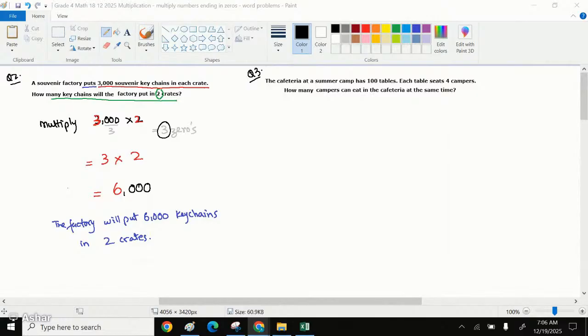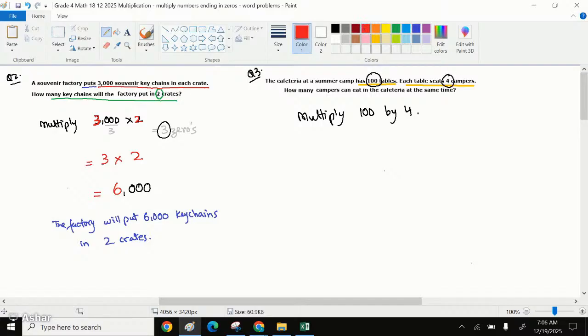So if there are 100 tables and each has 4 campers, to find the total number of campers that can eat at the same time, we need to multiply 100 by 4, right? 100 tables, 4 people per table.